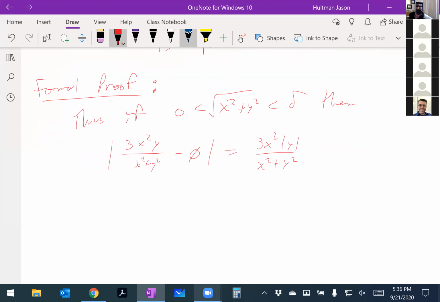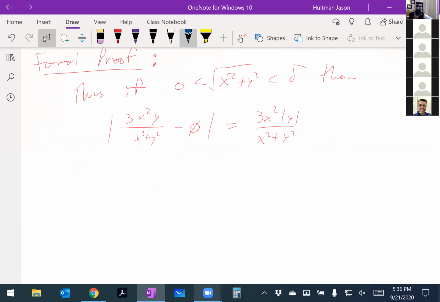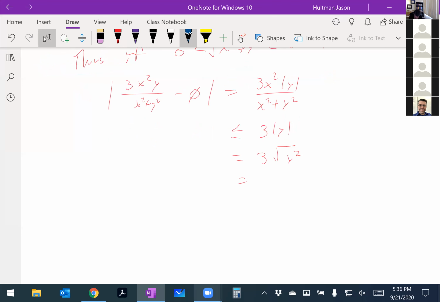Which is again less than, we're just going to restate what we're doing here, less than or equal to 3 times the absolute value of y, which is equal to 3 times the square root of y squared, which is then less than 3 times the square root of x squared plus y squared, which is then less than 3 delta.